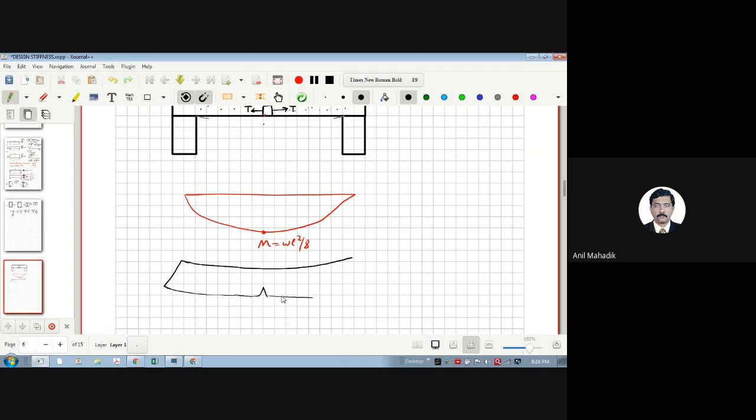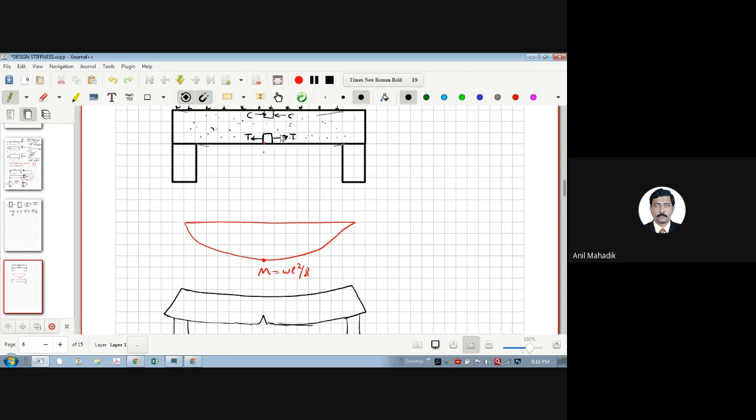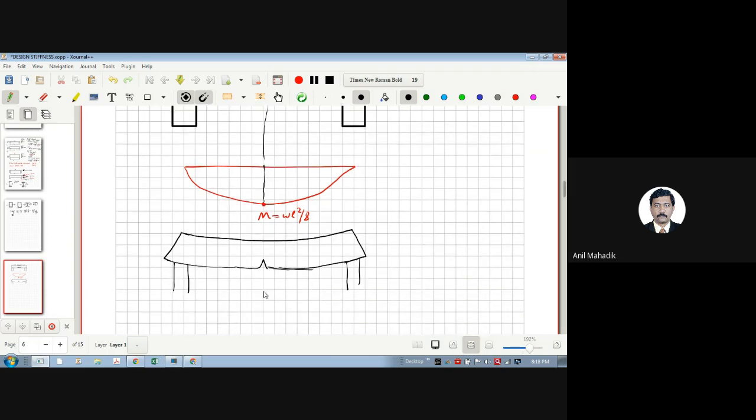Yes or no? The concrete will crack like this, right? Yes, sir. So the concrete will crack here somewhere. Because concrete cannot take tension, and there is a tension, and this tension is coming due to this bending moment, and the bending moment is maximum. So at the location of maximum bending moment, this crack will happen.